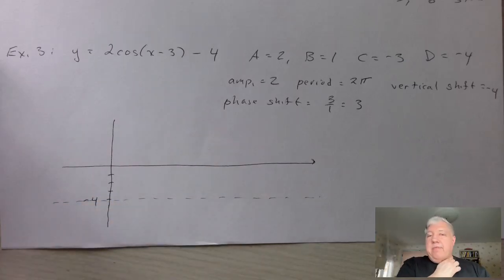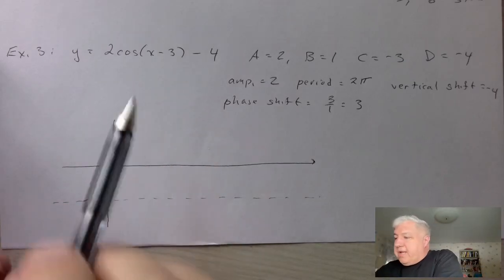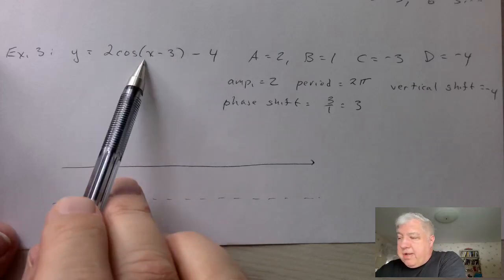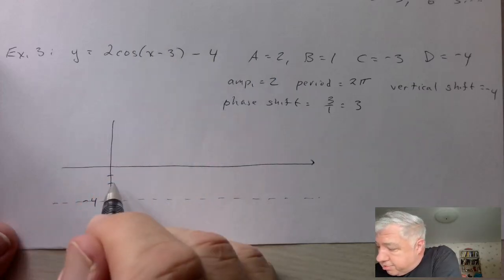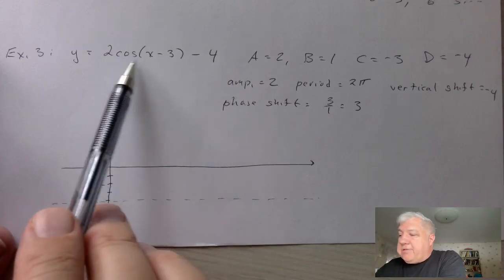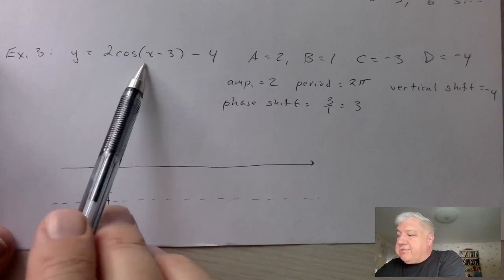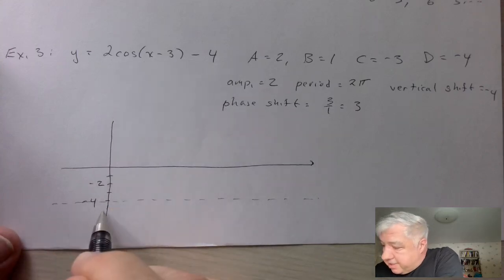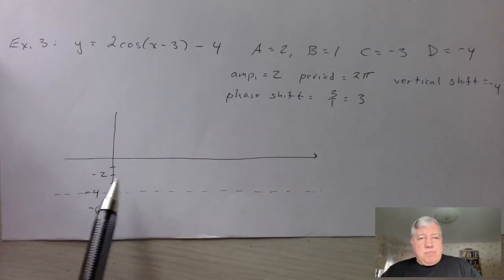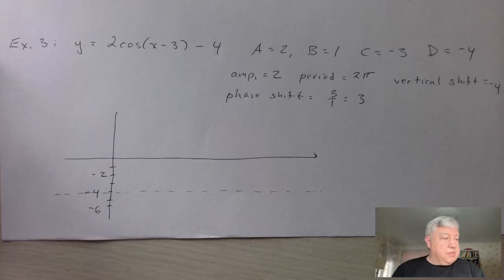The biggest this can be, when the cosine of x minus 3 is 1, you get 2 times 1 minus 4, that's -2. So that's up here. And when the cosine of x minus 3 is -1, you get -2 minus 4, which is -6. So your y values are going to be between -2 and -6.